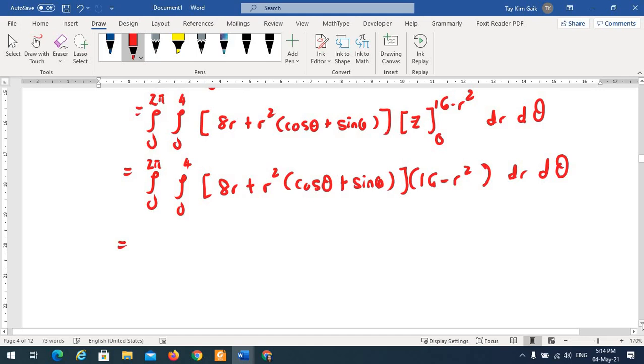Then you have to expand, integrate with respect to r, and lastly integrate with respect to theta.